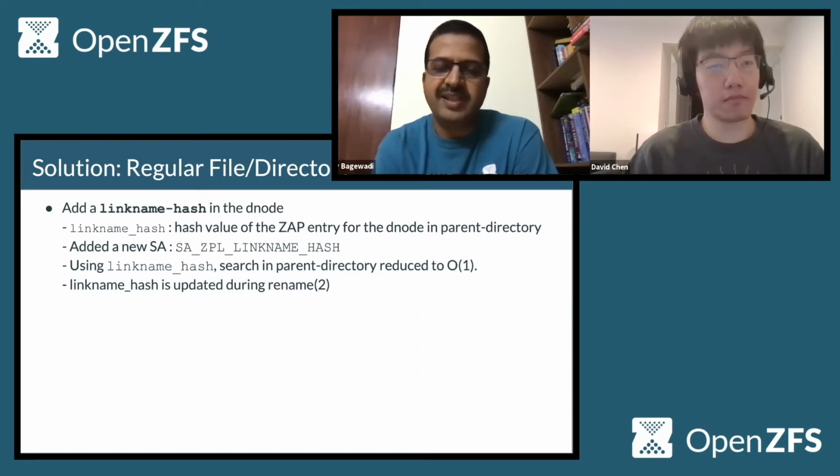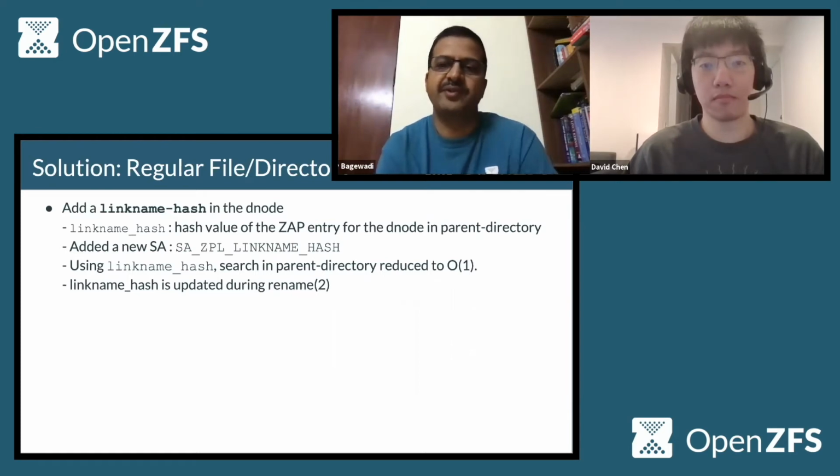The name is the key, whereas the value is the inode number, and hence, although it's an indexed search, it's indexed for the name and not for the inode or the dnode that we are looking for.